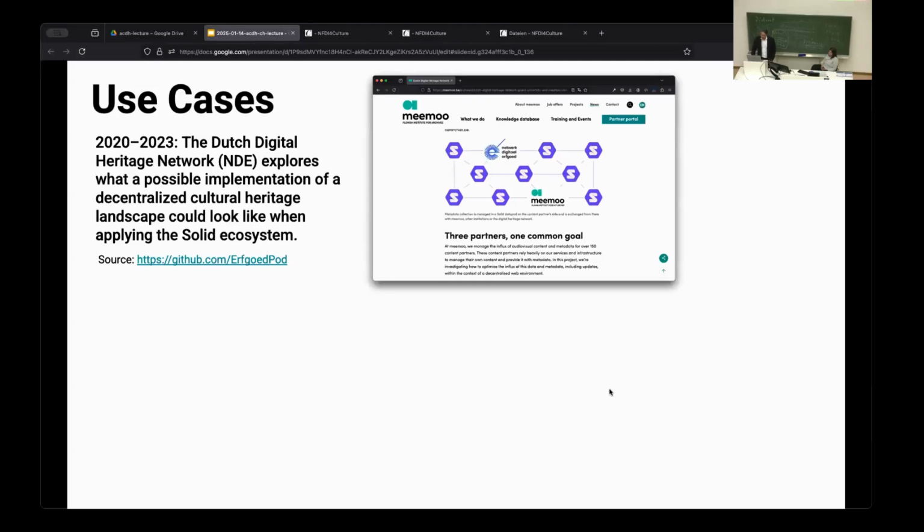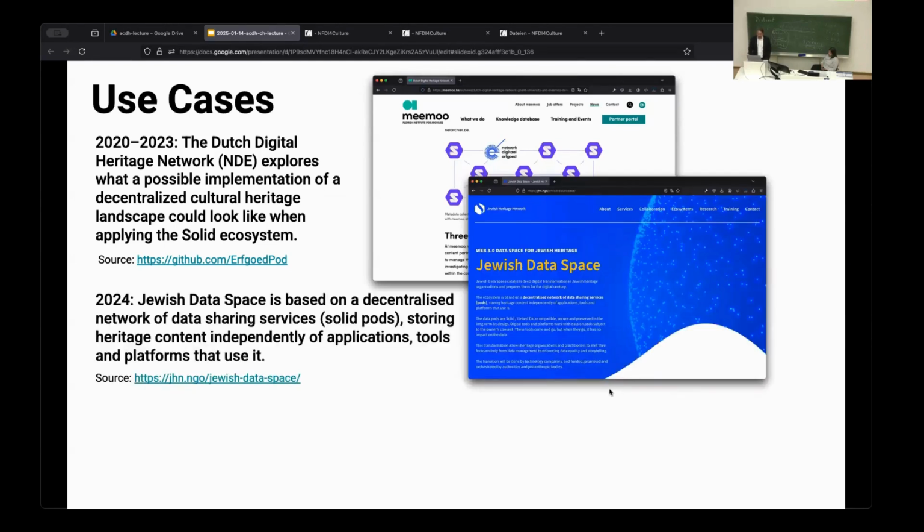To say what's the state of Solid, it has some interesting use cases, even if it's still a young project. For instance, the Dutch Cultural Heritage Network explores at the moment possible implementations of a decentralized cultural heritage network. And very recently, the Jewish data space decided that they will go decentral with their way of data storage and retrieval.